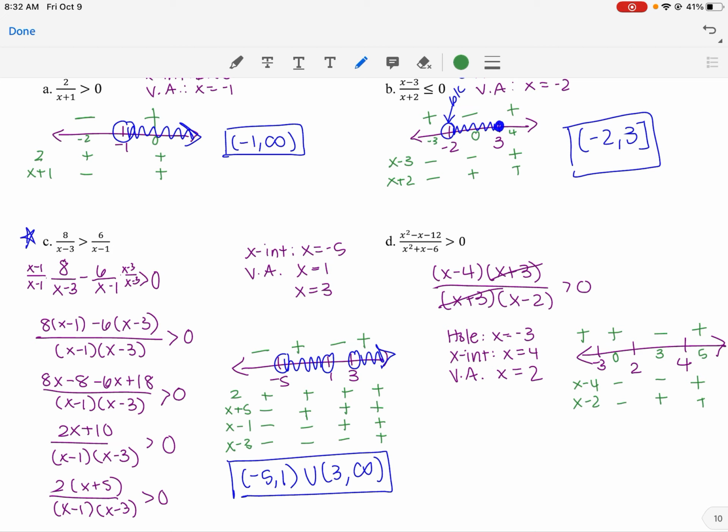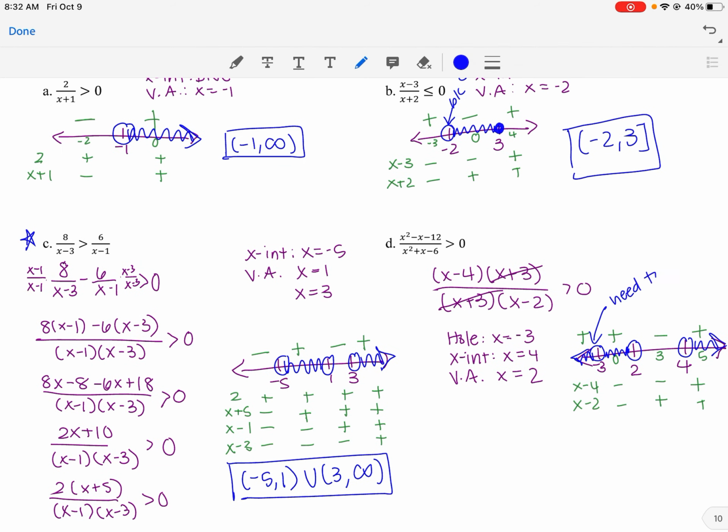Right, you could plug in something like -4 and you'd have a negative and a negative. But it may just help you remember as you're writing your interval, right? We want all the positive parts here, but not equal to 0 or not a hole. So therefore, it kind of just shows you that you got to skip over that number.